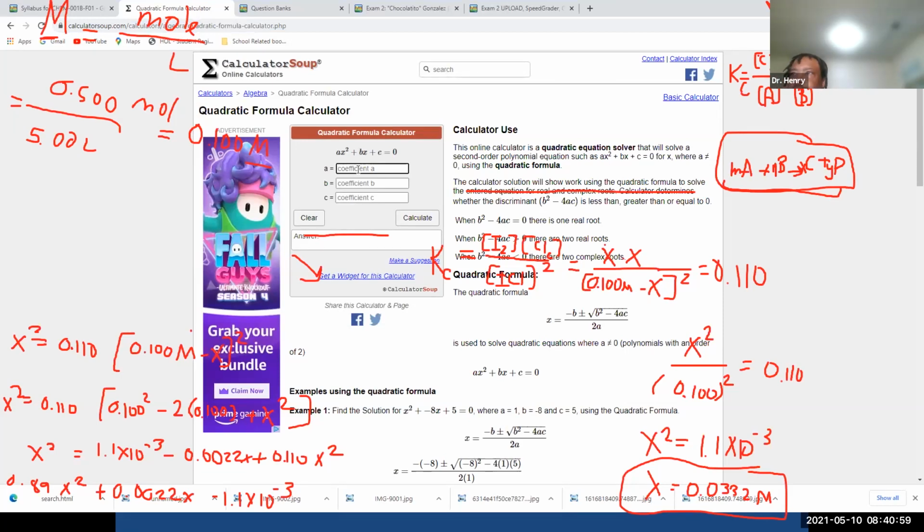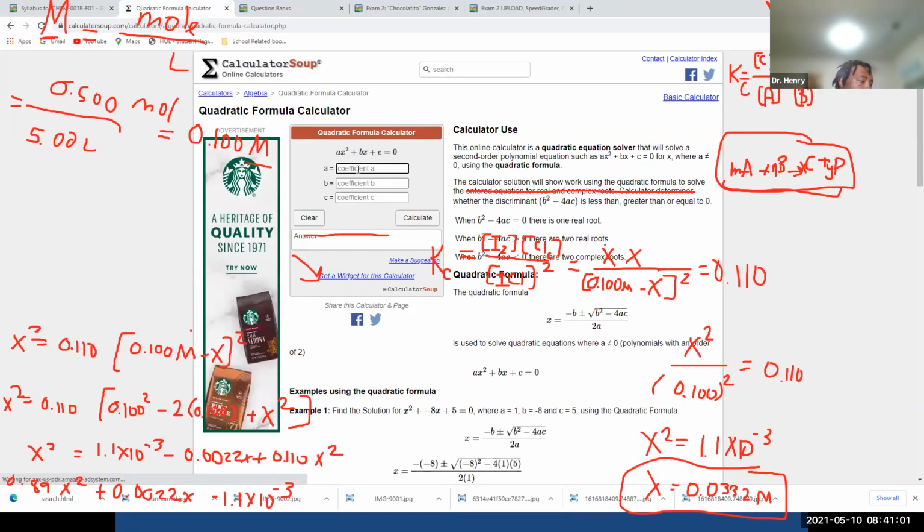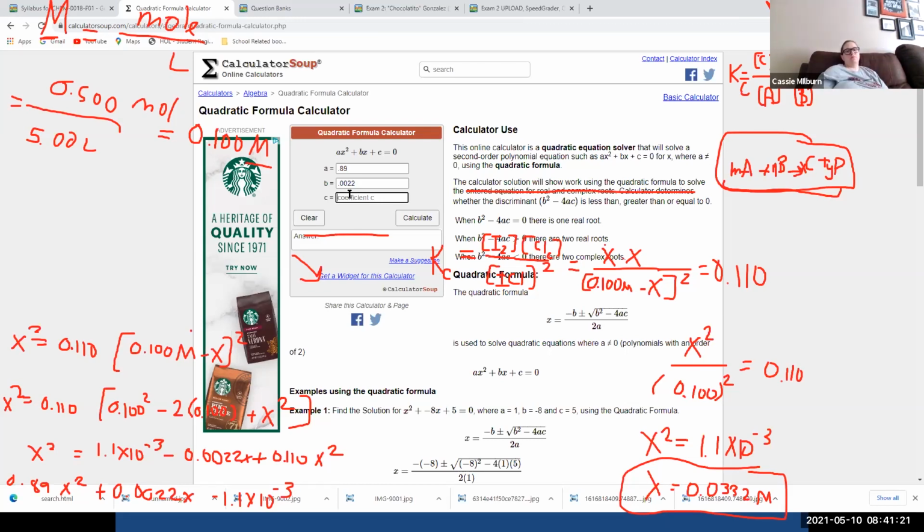What is the first coefficient, A, based upon that equation? 0.89. Okay, and then 0.0022, and negative 1.1 times 10 to the minus 3. That's right.